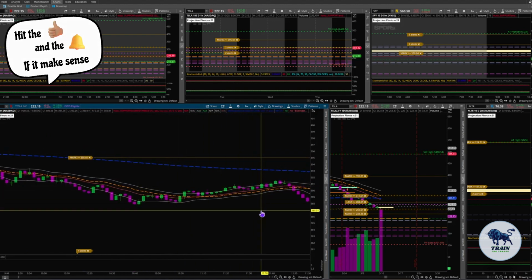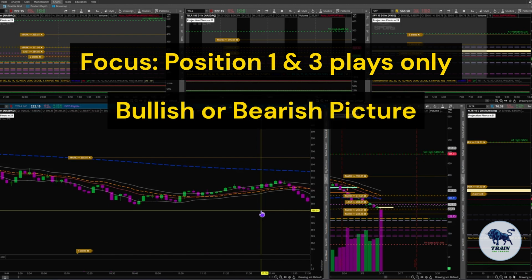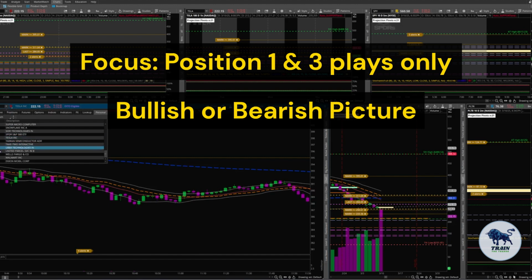I'm only looking for the patterns that I can name. I'm only looking for the positions 1 or 3 to make my trades. Position 1, position 3. No 2s. That's for the advance. Position 1, position 3. Bullish picture, bearish picture. Right?